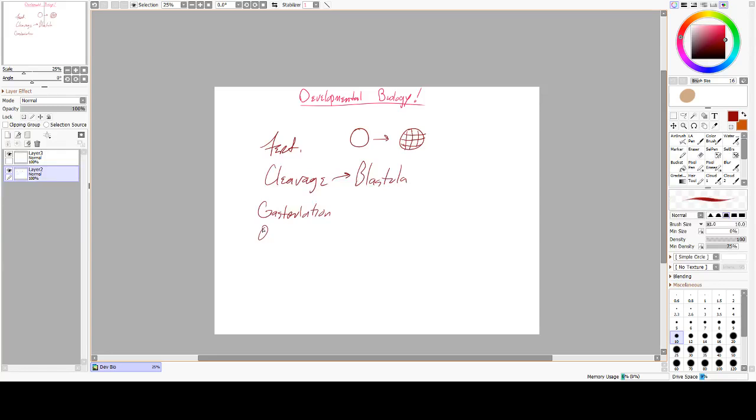And then we have organogenesis, which is where those 3 germ layers start differentiating into the different tissues and organs. That's also the cause of morphogenesis, which is the organization of tissues as well. And those are caused by morphogens, which are pretty much hormones and other types of compounds that can cause cells to differentiate.